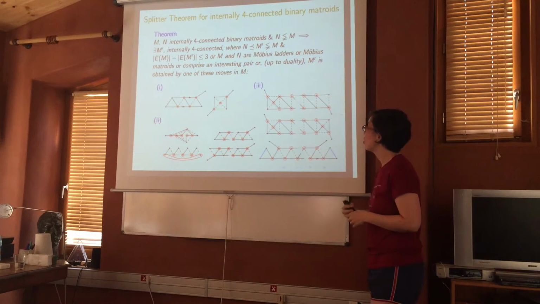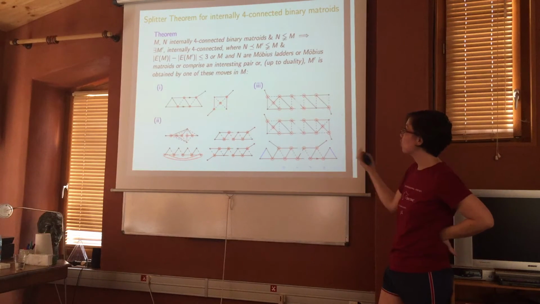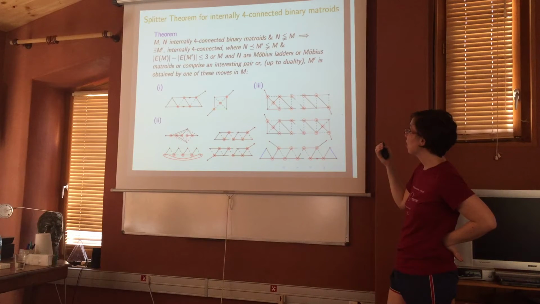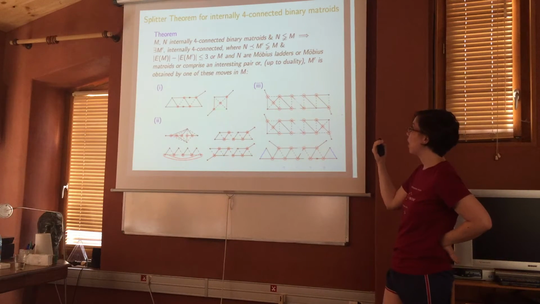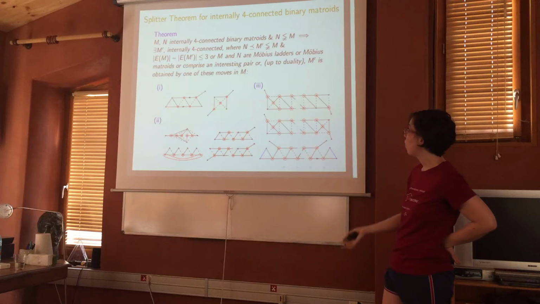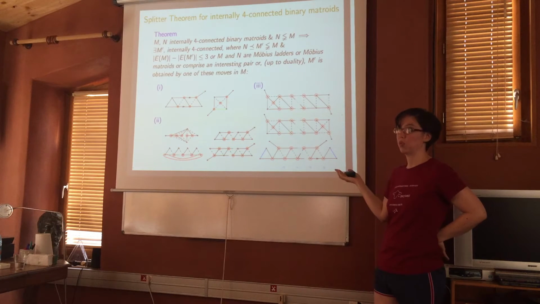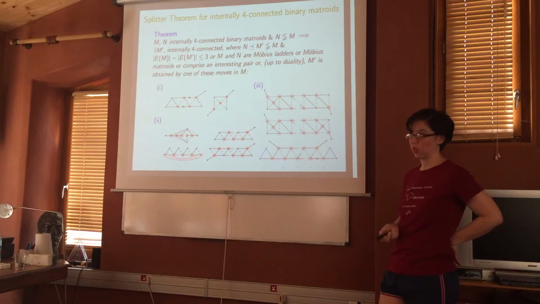You have M and N internally four-connected binary matroids, where N is a proper minor of M. Then there exists an intermediate matroid that's internally four-connected and at most 3 moves away from N, so it's a quick win. Or M and N are Mobius ladders or Mobius matroids, or they comprise an interesting pair, or up to duality, M prime is obtained from one of these moves, where the dashed edges are deletions and the arrows indicate contractions.